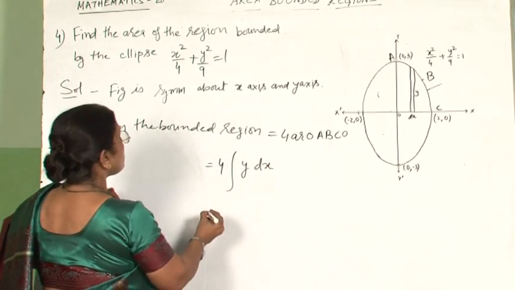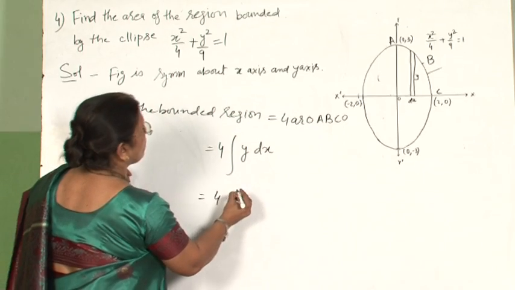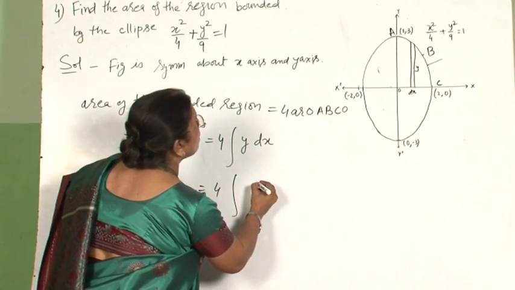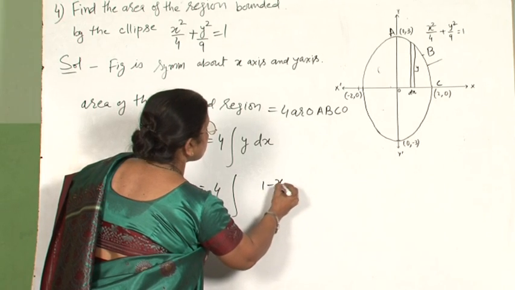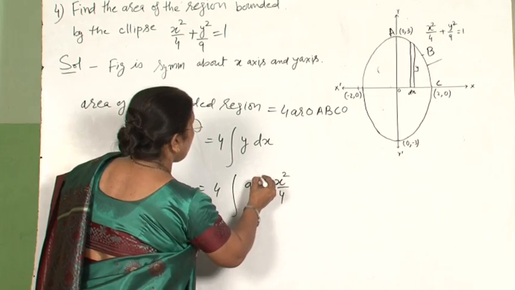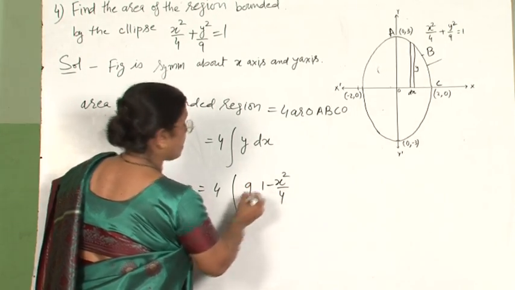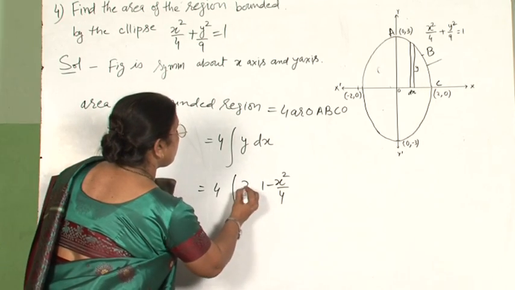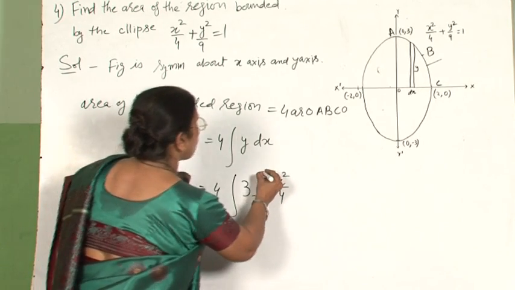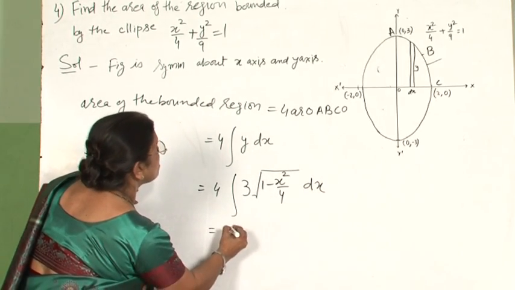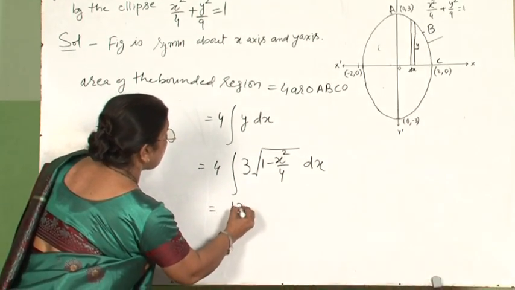Here value of y is one minus x square by 4 into 9 and then square root of this. So, it will become 3 into square root of this dx, or it can be written as 12.